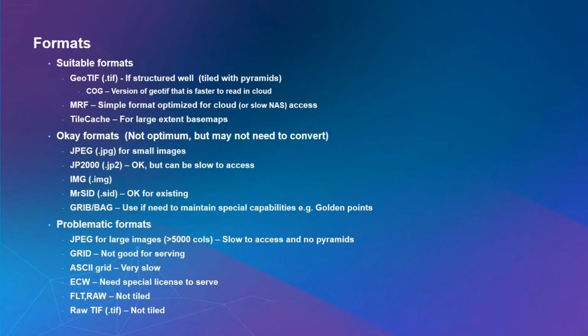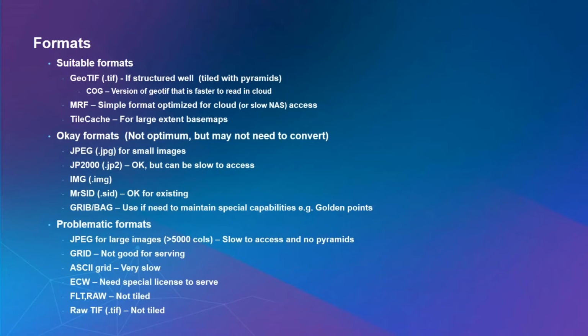IMG format, typically it's okay. It depends a little bit on the structure internally, but it's generally okay. MrSID is typically okay, and there are certain formats that are not so common in the mining industry, things like GRIB and BAG, which may need to be kept in their original format because they have special capabilities, things like golden points. It's not just raster, there are other components inside the images.